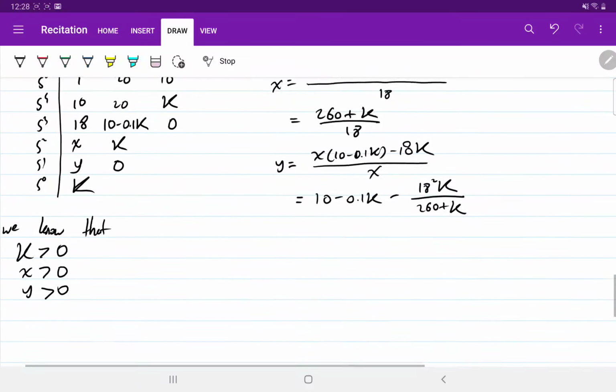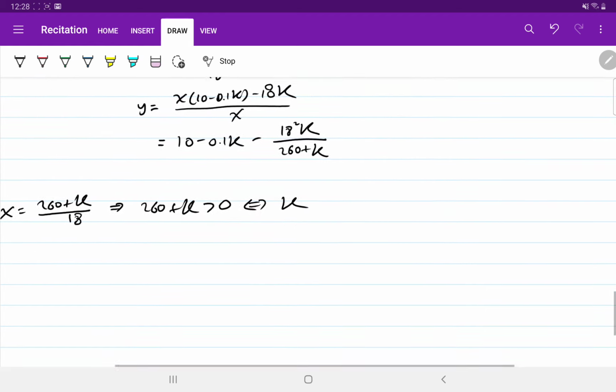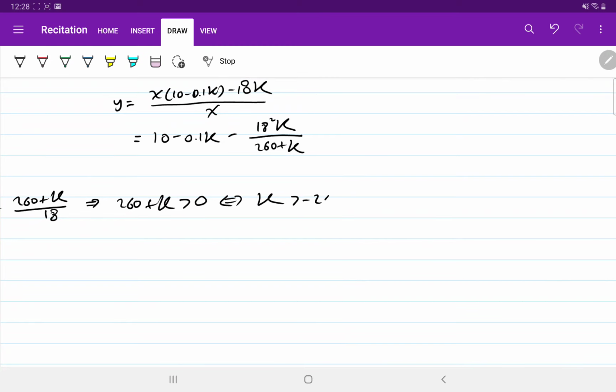How about x? So we know that x is 260 plus k over 18. So x is positive when 260 plus k is positive, or k is greater than minus 260.